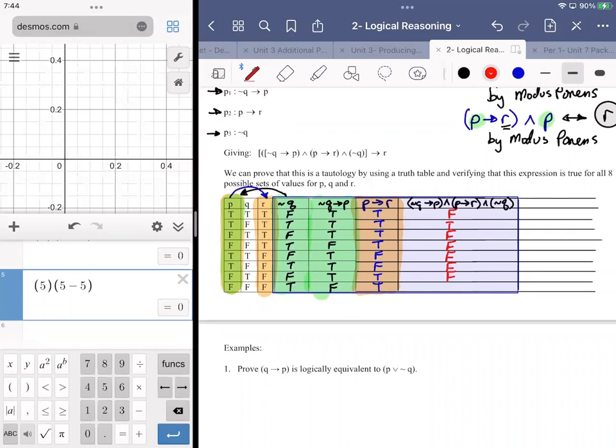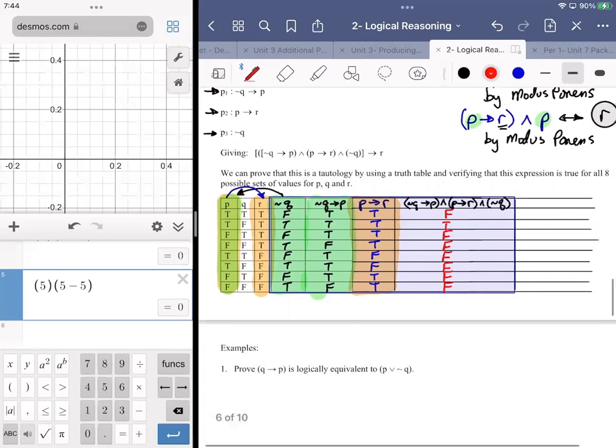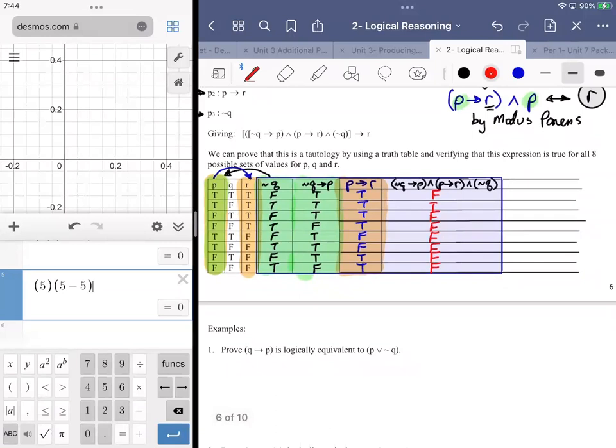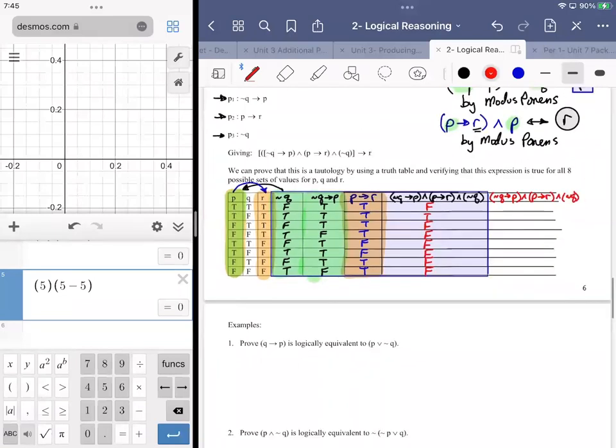Really, there's only one instance in which it's true. But then all of that now has to imply the R value. And that's where we're going to get our tautology. All right, so we'd be looking at all of this stuff that I wrote already: not Q implies P, and P implies R, and not Q, all implies R.